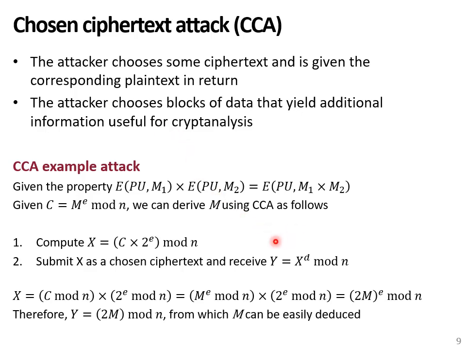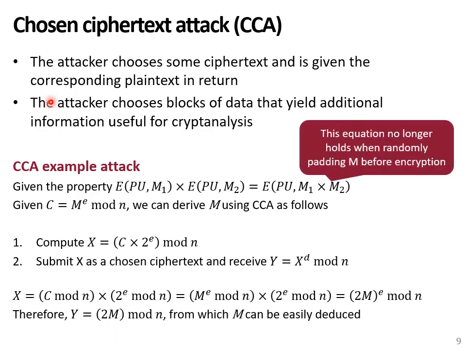Since the attacker knows that y equals x to the power d modulo n, we now know that y equals (2 to the e times m to the e) to the power d modulo n, or y equals 2 times m modulo n. From this formula, the attacker can easily derive what is m given y.